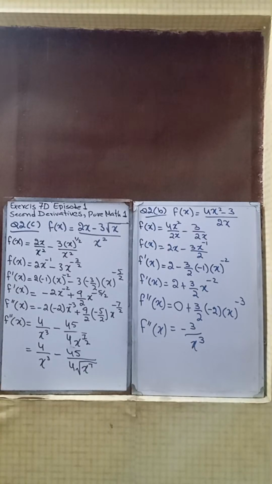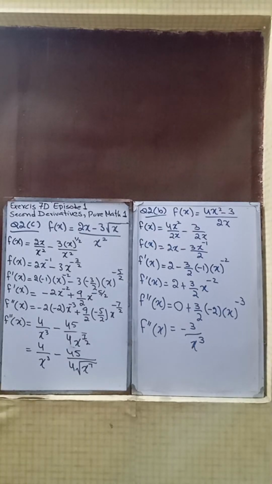Yeah, the answer is right, sir. So this is how you do question number 2 and its C part. We were trying to find out the second derivative of this thing.